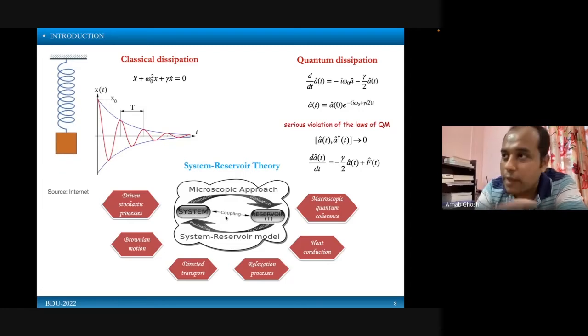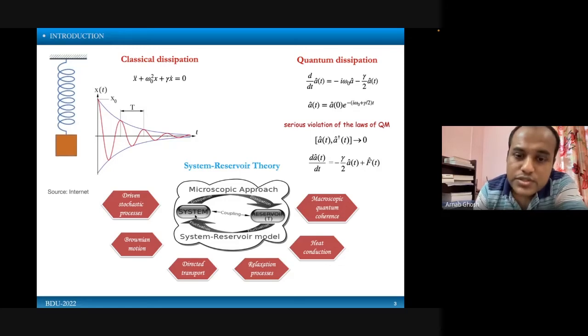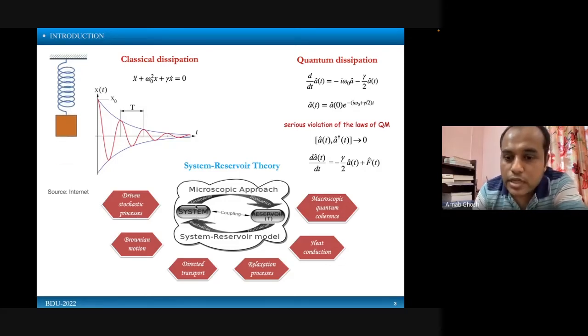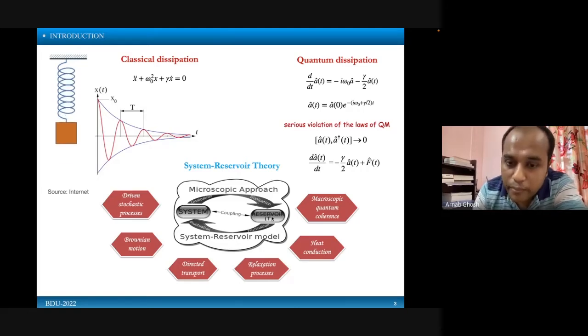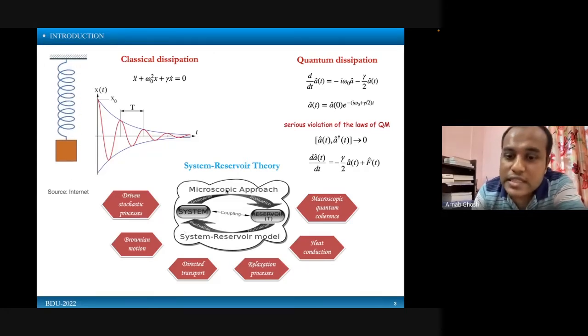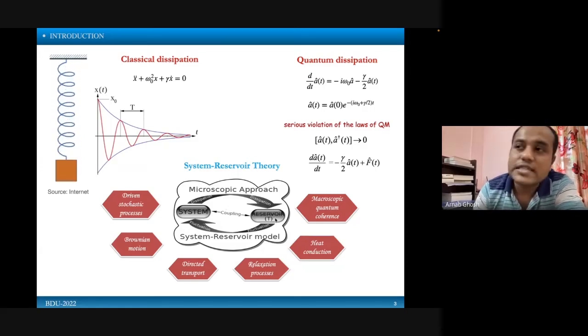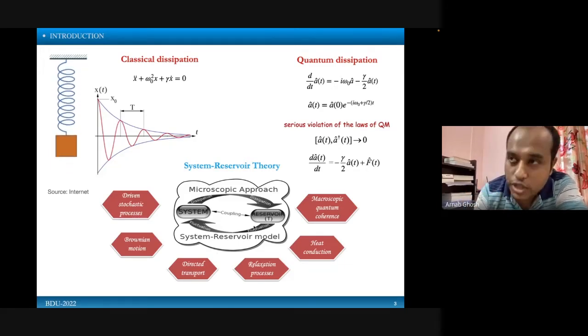Then the system loses its energy to the bath in the form of dissipation. On the other hand, the bath provides energy to the system in the form of noise or fluctuations, such that there is a balance between this noise and the dissipation. This balance is in the form of the fluctuation-dissipation theorem, such that the total system becomes thermodynamically closed.